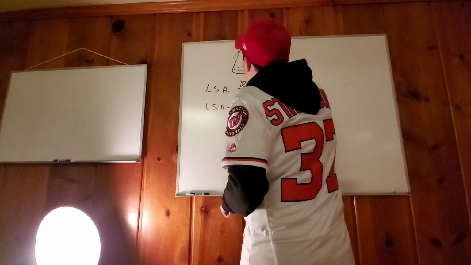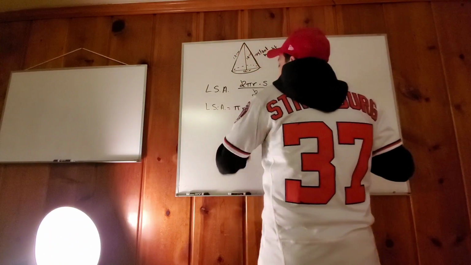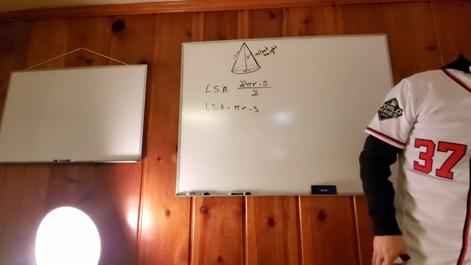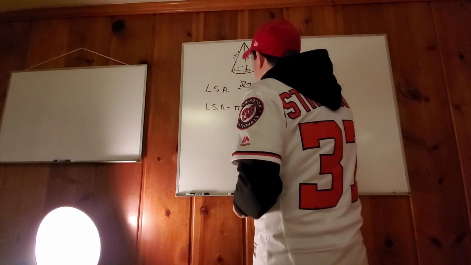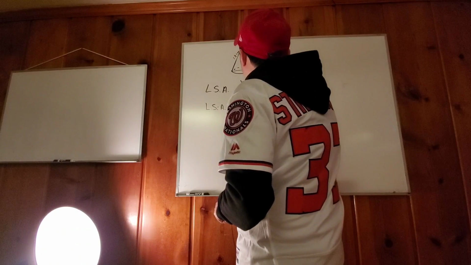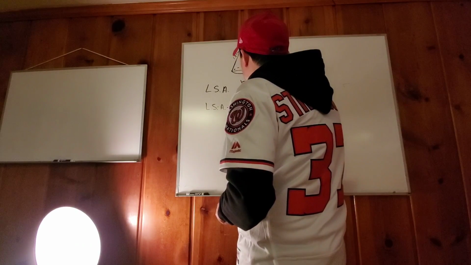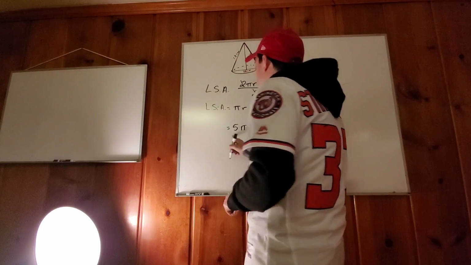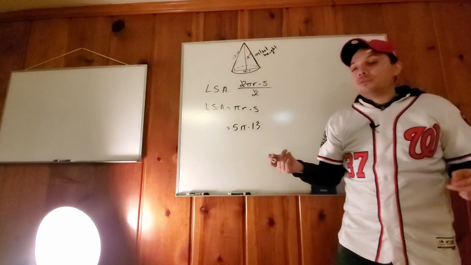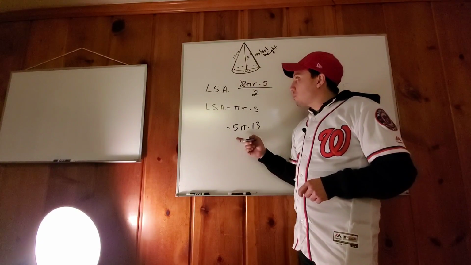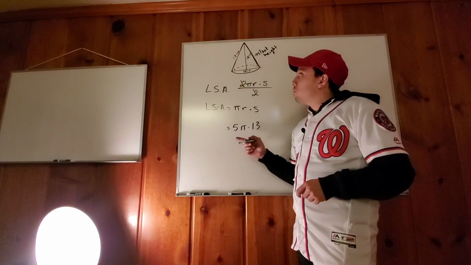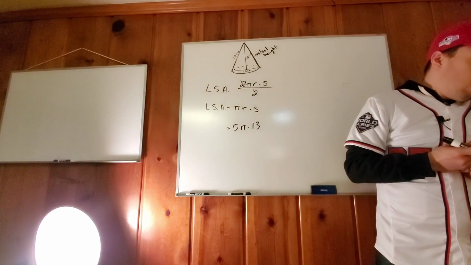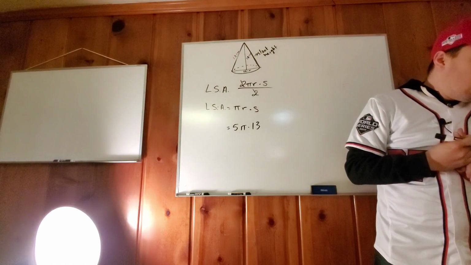But we don't need 12 and we don't need 10. We only need 5 because of this. And we have to leave it in terms of pi. So we're going to use the formula, and it will be 5 times pi times 13. 13 times 5 is really easy to figure out, because 5 times 12 is... oh, it's 65.